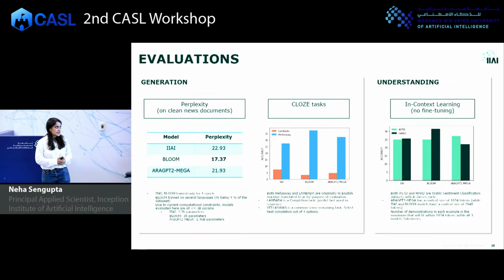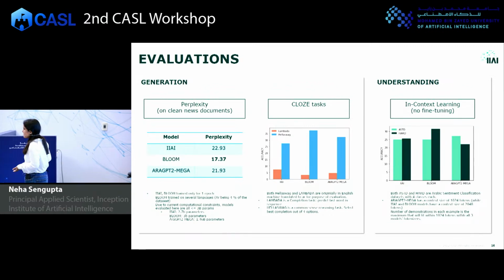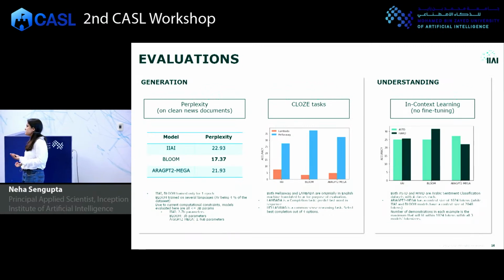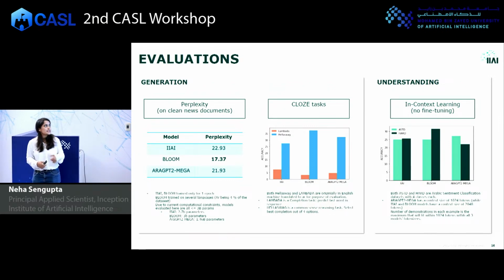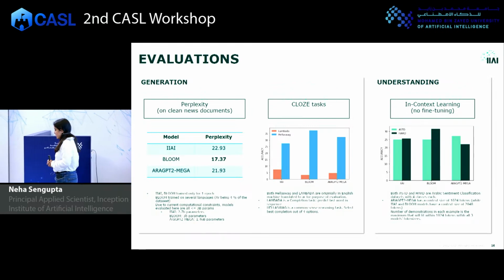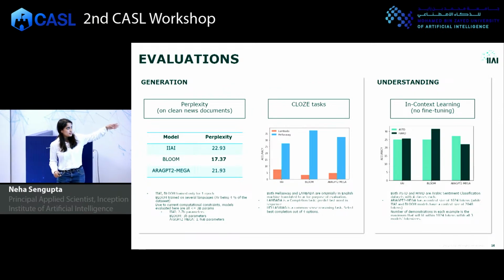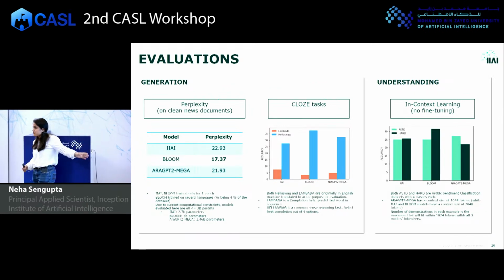As I talked about perplexity before, lower is better. We see that Bloom, even though it has approximately 14 to 15 billion tokens of Arabic only, is actually very good in terms of perplexity, better than us, in fact, also better than our GPT-2. By the way, the models that have been evaluated here are all of comparable size.